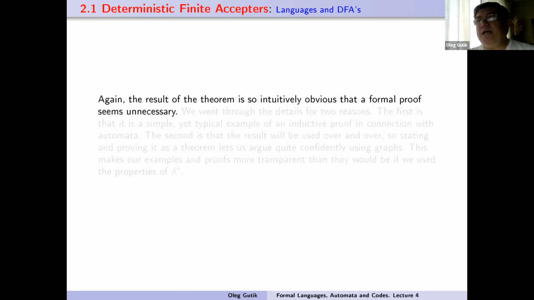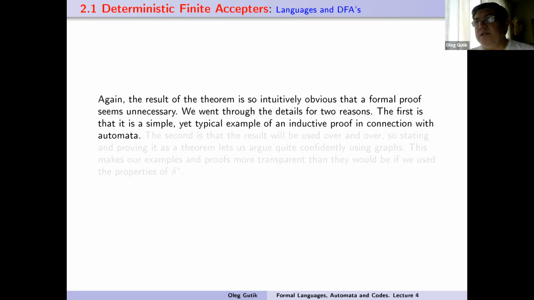Again, the result of the theorem is so intuitively obvious that a formal proof seems unnecessary. We went through the details for two reasons. The first is that it is a simple yet typical example of an intuitive proof in connection with automata.